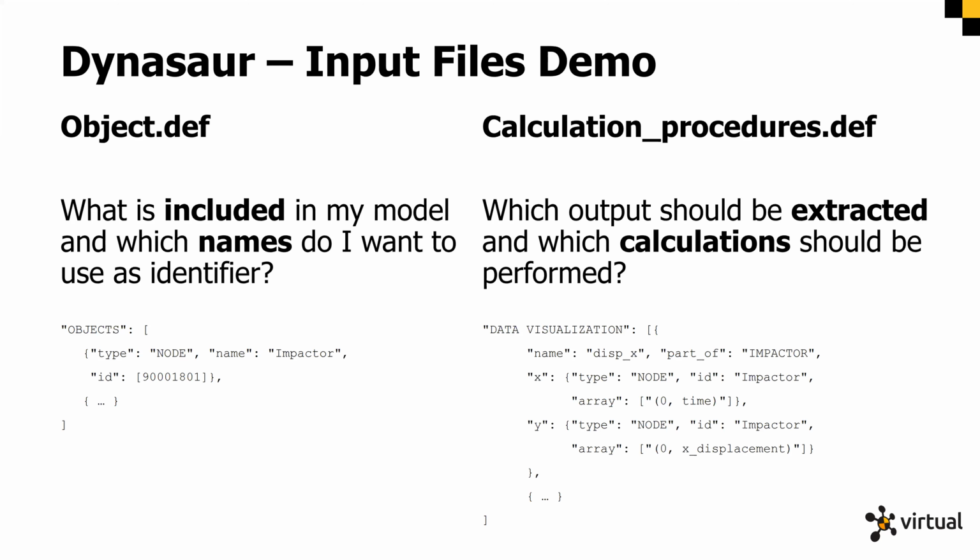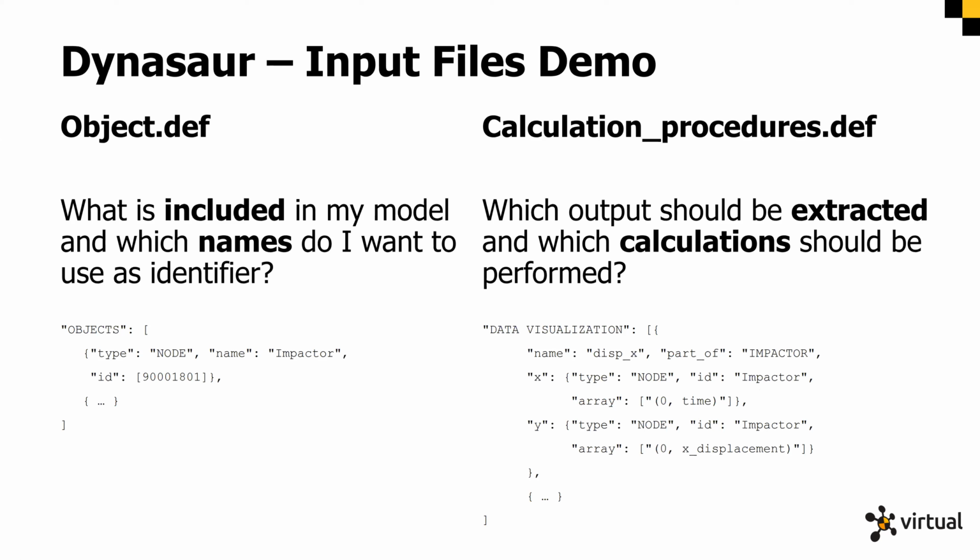So, for example, here, if we want to analyze the x displacement as a function of time from our impactor, then we generate this channel that consists of an x and a y channel, and we specifically define that our x channel should be the time and our y channel should be displacement. And here we don't need any node ID anymore because we just always refer to impactor, and Dinosaur knows then that the impactor refers to this node ID.